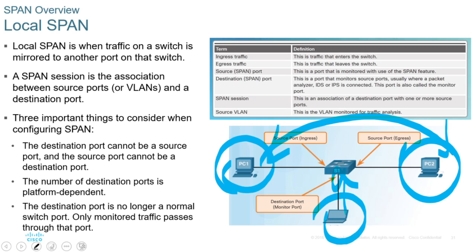So when we use local SPAN, the traffic that we are monitoring is on the same switch that we are connected to. We are in the same network, so that is the local network.